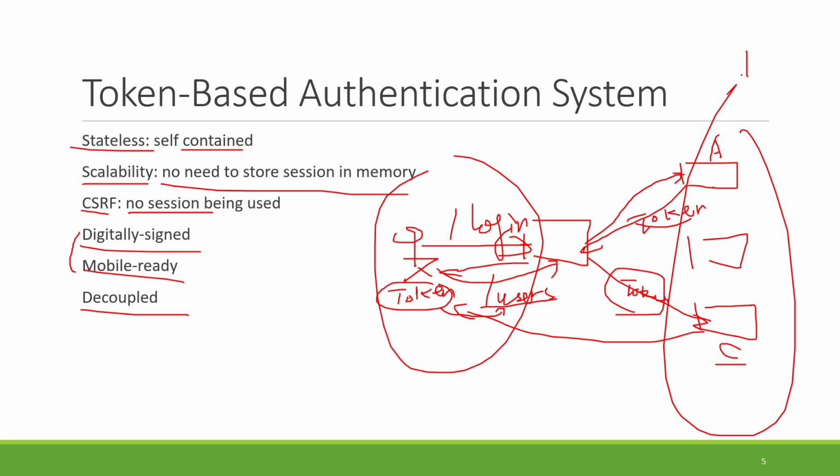The server side can be made using a Node.js application, can be made with Java-based, and the client side can be React. It can be Angular, right? No, it can be Vue, okay. So it's completely decoupled. No need to be the same technique, okay.